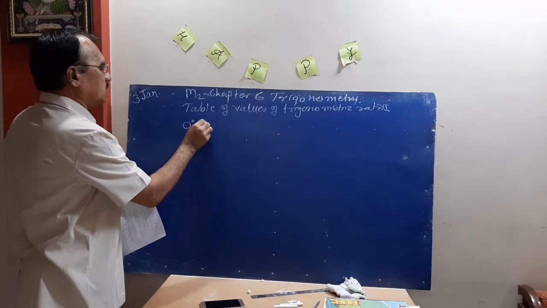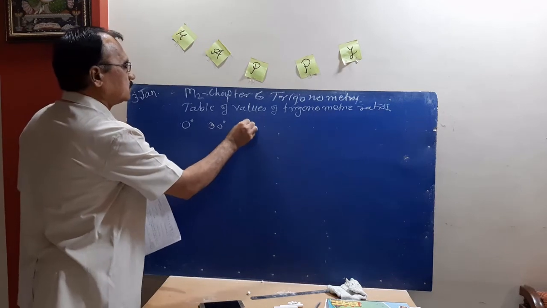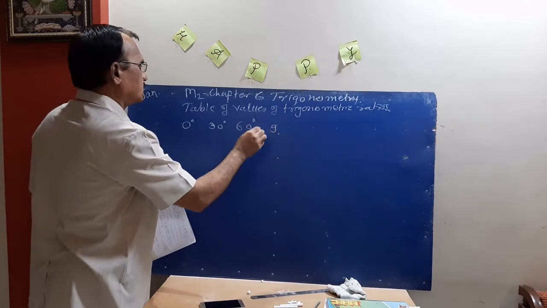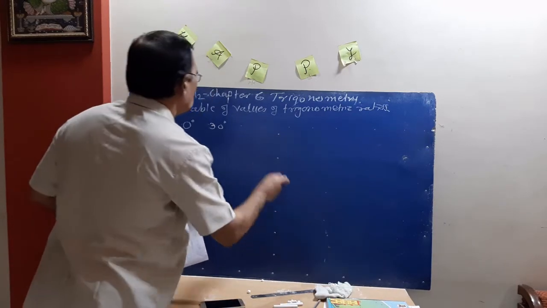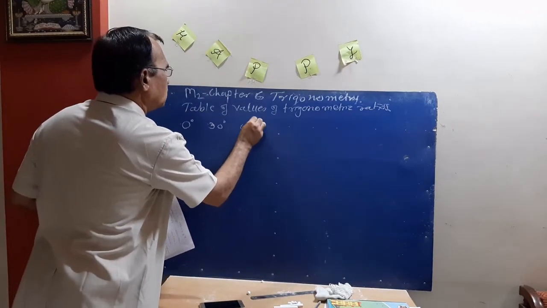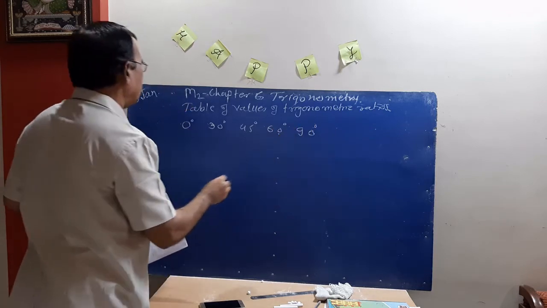You know the angles 0 degree, 30 degree, 45 degree, 60 degree and 90 degree.